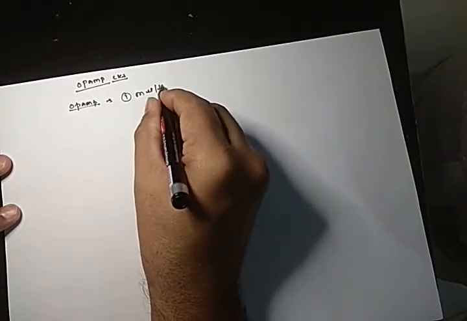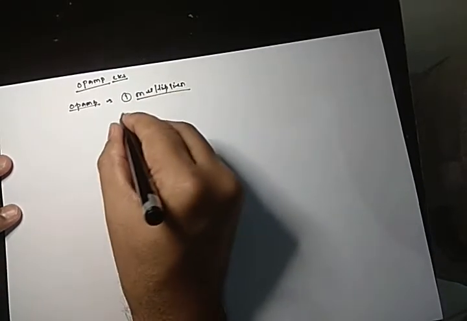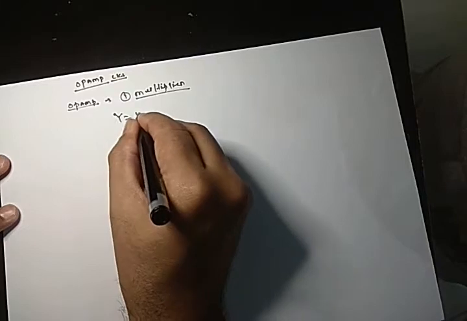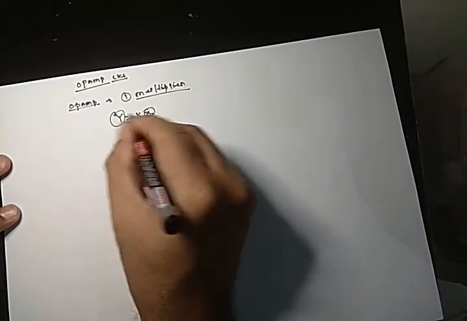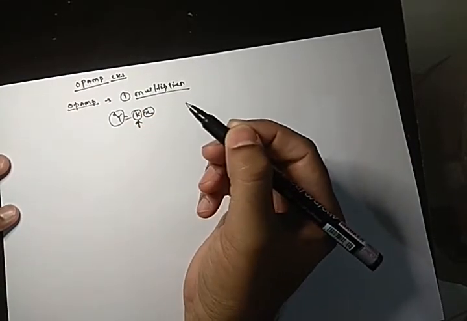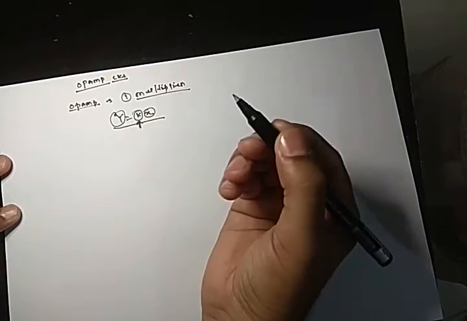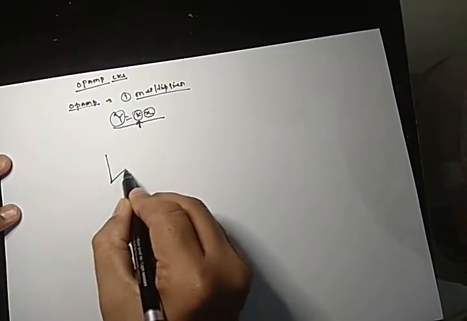How will it be used as a multiplier? Multiplier circuit means output Y must be K into X. If X is the input and Y is the output, it is being multiplied by K, so it can be used as a multiplication circuit. So we will look at how it is used.